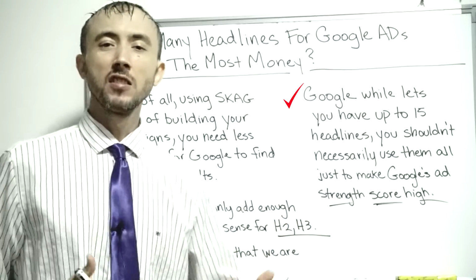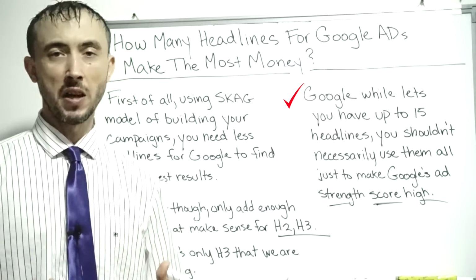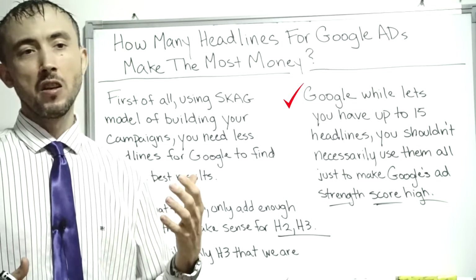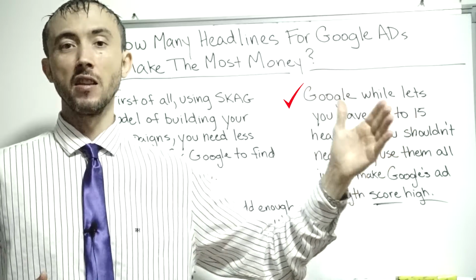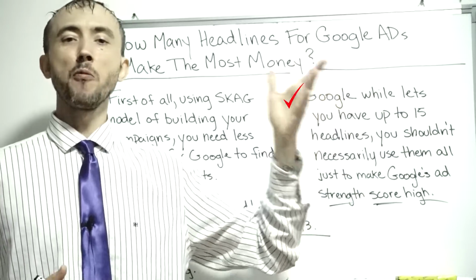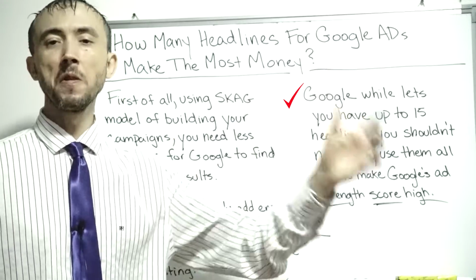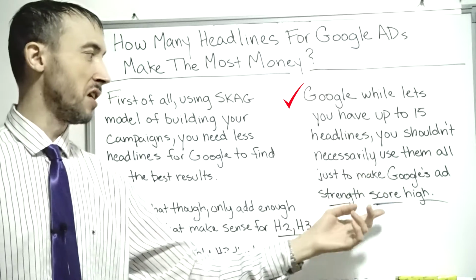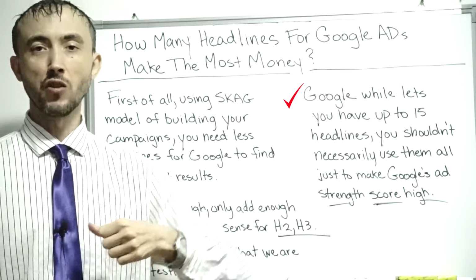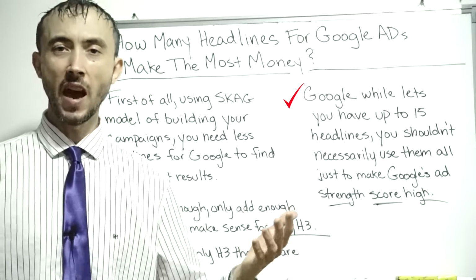But not only that, it's very important to understand that Google's system is very complex now. It's not simply trying to pick one headline, the headline that always works, and that's it. That's as far from the truth as it gets. The reality is there are 15 headlines there, assuming that you put all 15 headlines in to please the ad strength score, which is trying to optimize for people who don't know how to write ads to make the ad work for them.